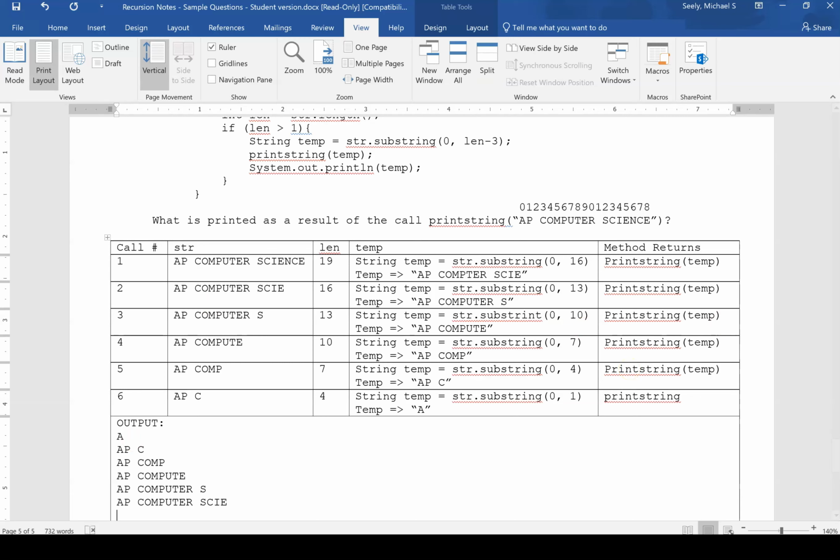Yep, there you go. It doesn't print the full AP computer science, okay? That's what the original string was. But we remember we subtract 3 from it the first time and then print it. So this is the last one it prints.